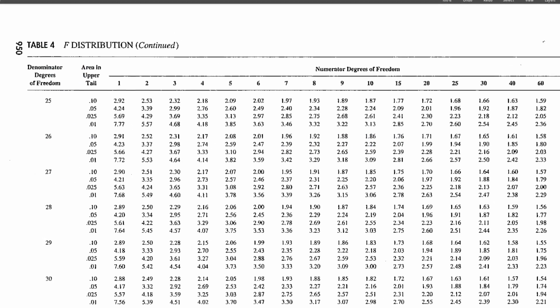I've arrived here at the last page of the F table. df2 in our problem is 29. df1 in our problem is 25. Alpha is 0.05. So we go across this row and down this column, and we get 1.89. That is the upper tail critical value of F with degrees of freedom 25 and 29, and alpha of 0.05.